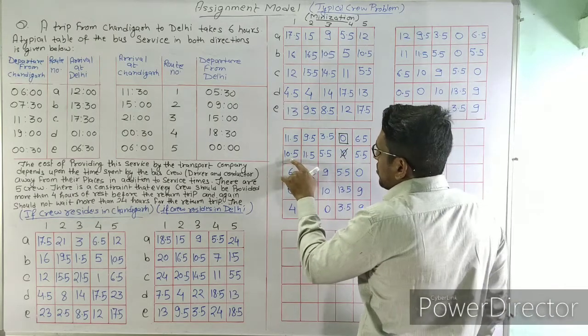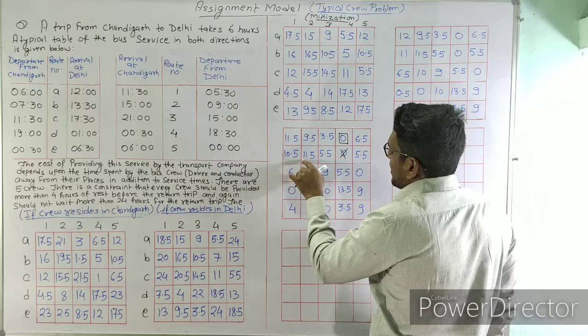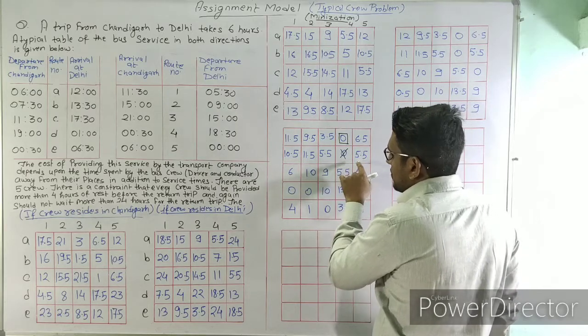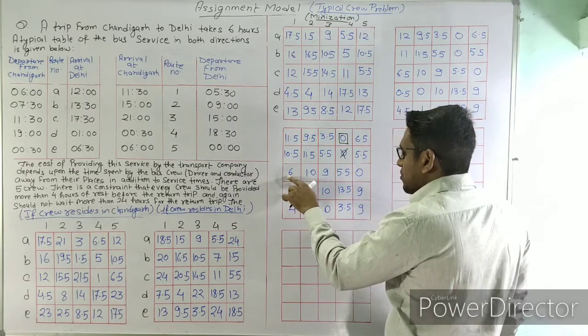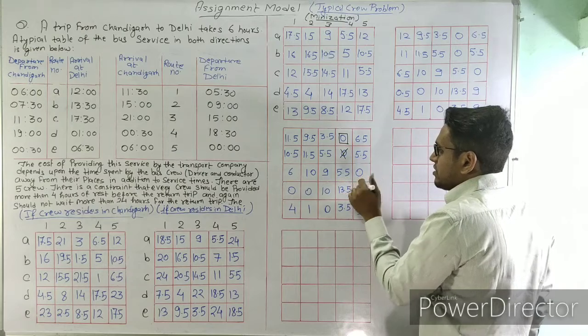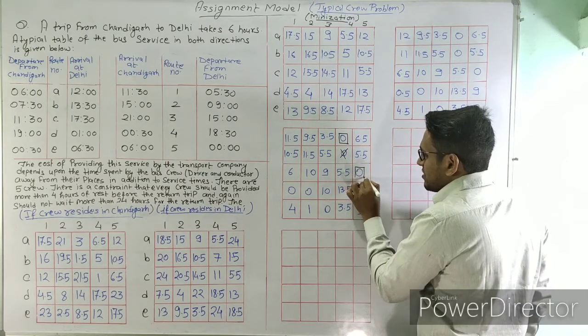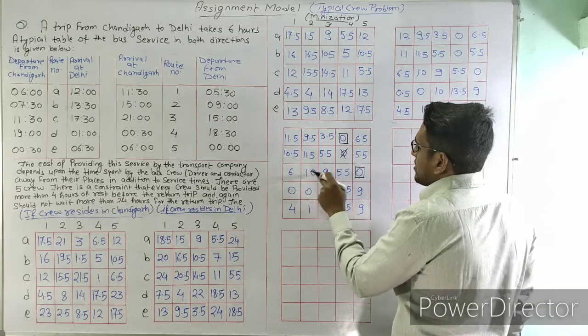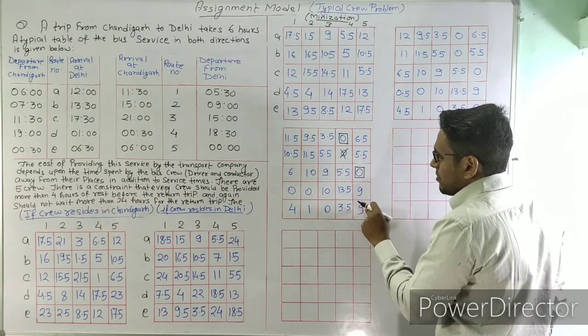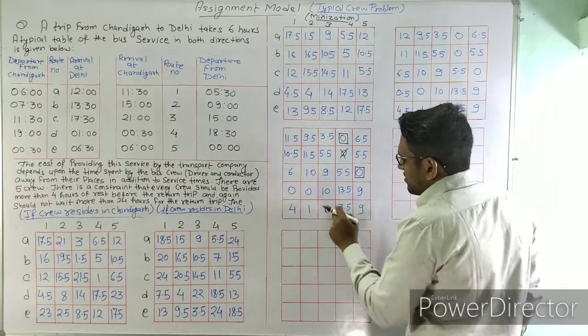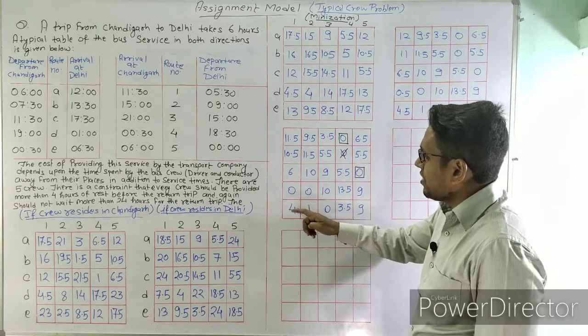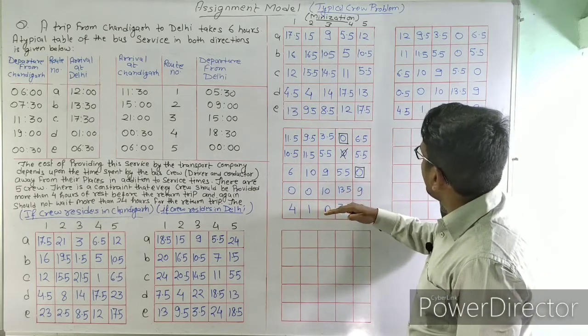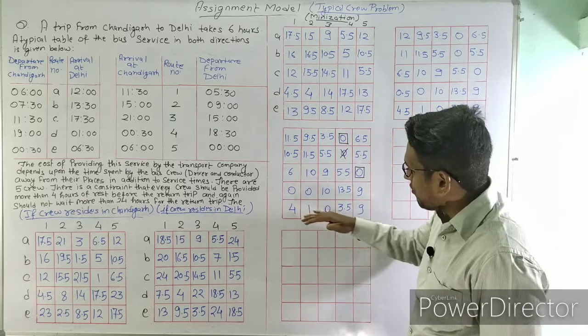Now moving on to row 2, we do not have any assignable 0 present here, so we will move to row 3. In row 3 we are having a single 0, so we are able to assign this 0, and once this has been assigned, no more assignment can be done in this row and in this column. Now moving on to row 4, we can see that we have more than one 0 here, so we will skip this row and we will move on to row 5.